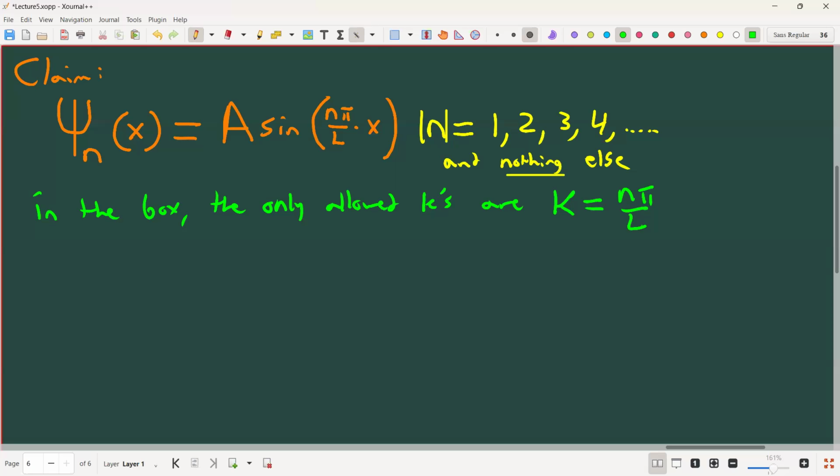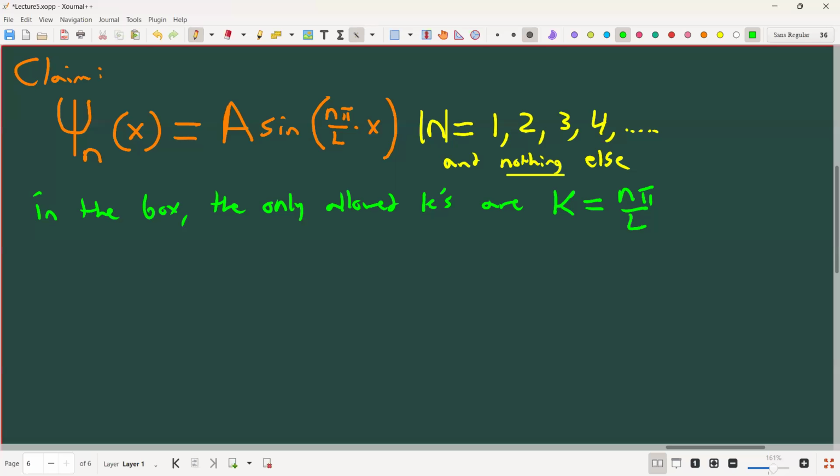But if he throws it in with a slightly different value, not exactly n pi over L, that particle does not get trapped. It escapes the box. It's not a stable state. So only the stable trajectories inside the box are the ones whose momentum is some integer factor of pi over L.